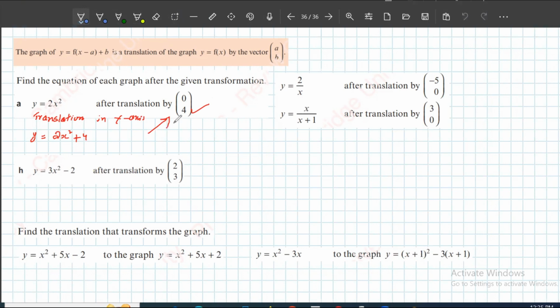Because the translation vector is given, we have to apply only that. This is your new equation, or we are looking for the equation of the graph after applying this translation. What is your new equation?